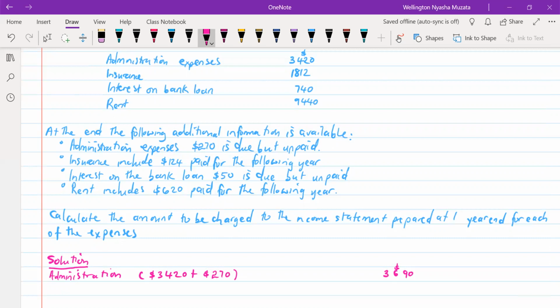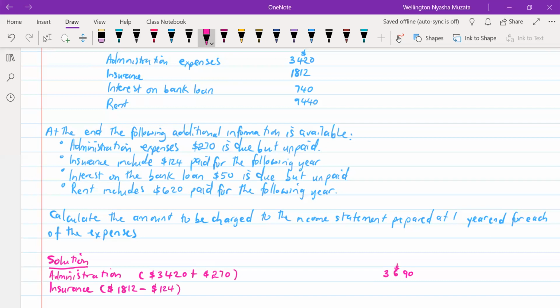Moving on to the insurance, we are told that insurance of 1,812 was paid, yet this included $124 paid for the following year. So this particular figure is going to be subtracted.